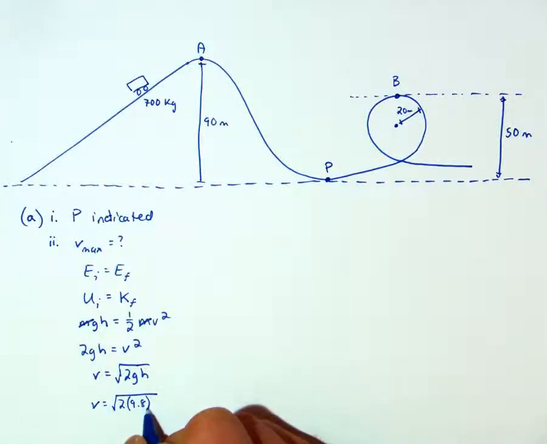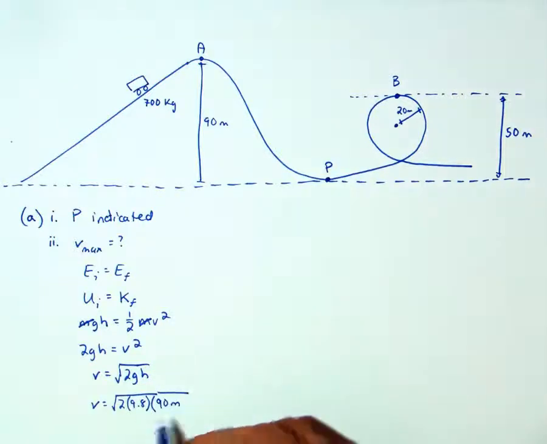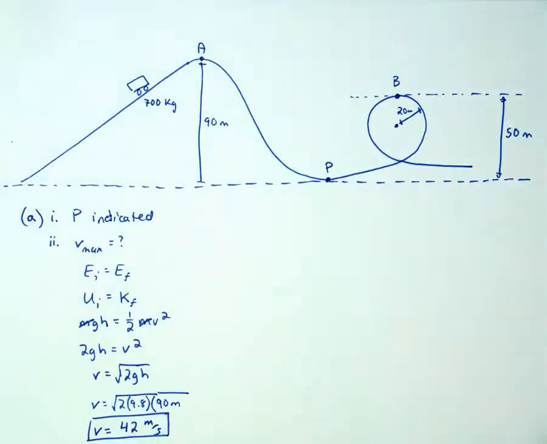On the free response, we'll use 9.8 meters per second squared for the gravity, and then the height is 90 meters. If we do our calculation correctly, we should see that the velocity here is going to be 42 meters per second. All right, so we found the maximum velocity.